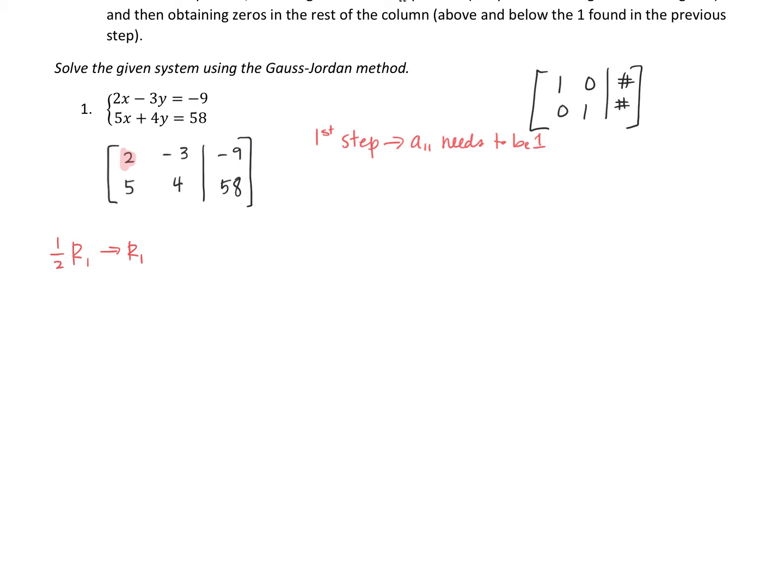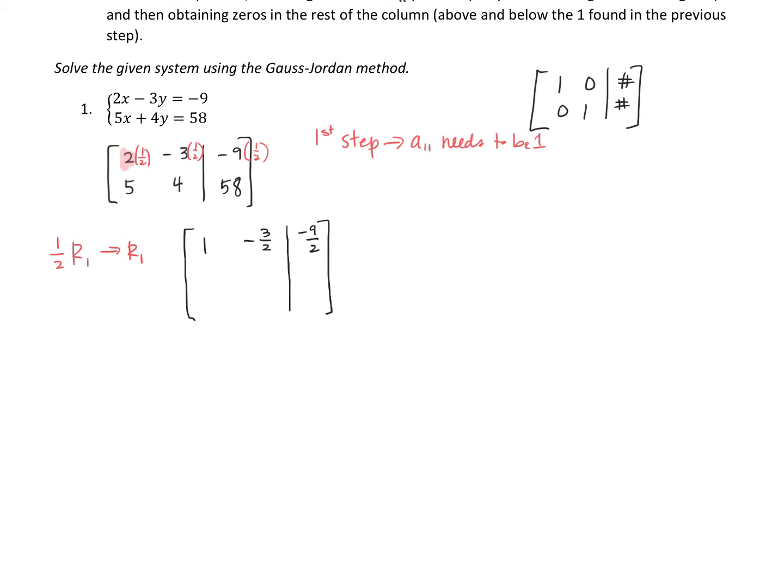That means we're going to be multiplying 1/2 times the entire row. When we do that, we get 1/2 times 2 is 1. 1/2 times -3 is -3/2. -9 times 1/2 is -9/2.